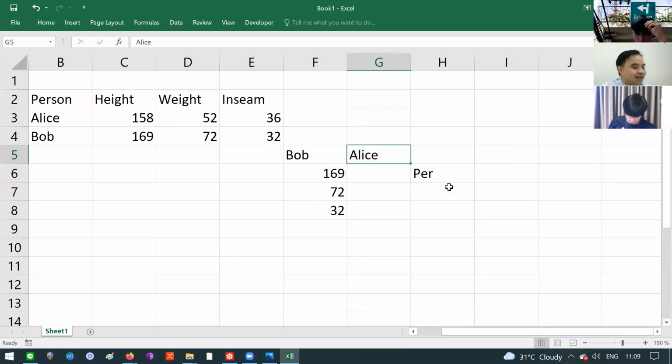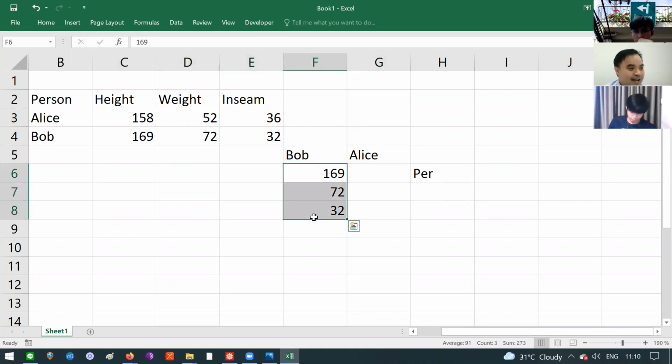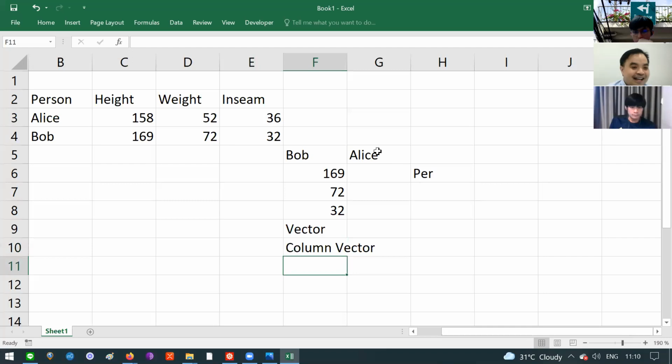So the designer of Excel, to put attributes that would be ultimately vectors, flipped it. They make this into a vector that lies sideways. Sometimes to specify, this is called a vector, also called a column vector. And this is called a row vector.